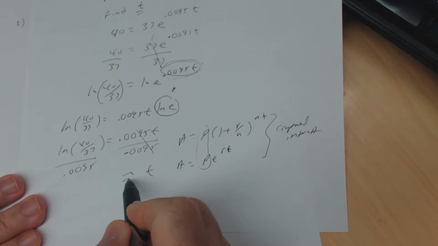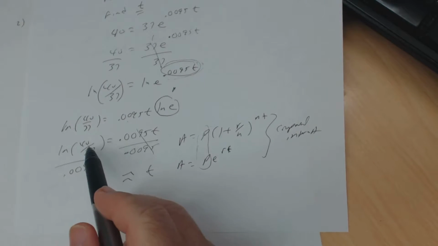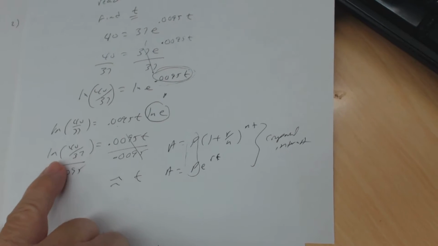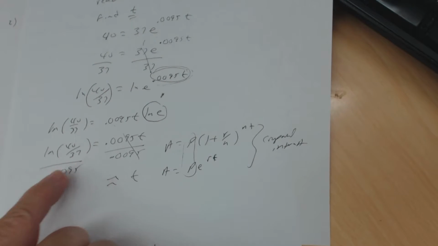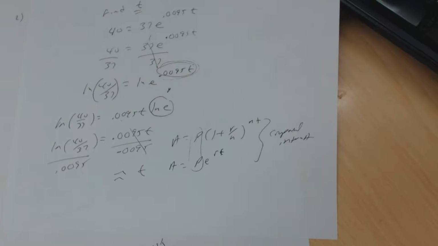And so t is going to be approximately equal to, on your calculator, the natural log of 40 divided by 37, divided by 0.0095. So let's see what I get here. 40 divided by 37 equals, and then take the natural log of that.